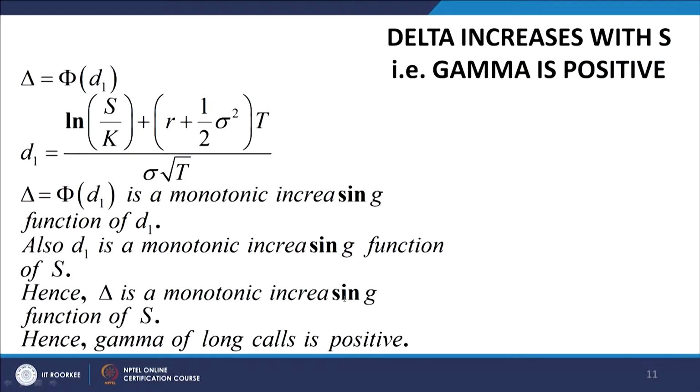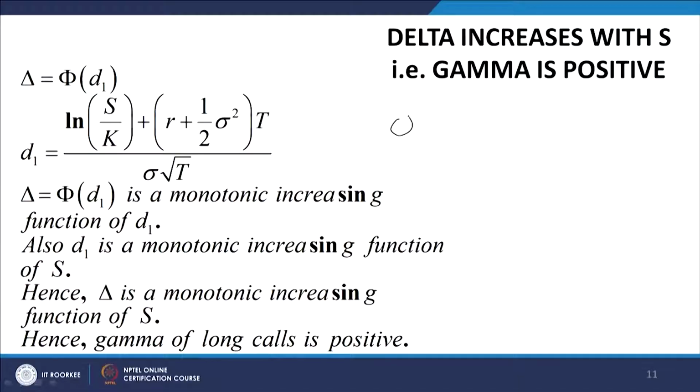And this is interesting. You see, delta is given by phi d1. Now, phi d1 is the cumulative normal distribution. So, higher the value of d1, higher will be the value of phi.